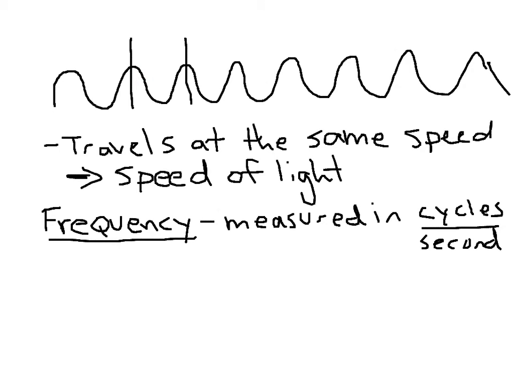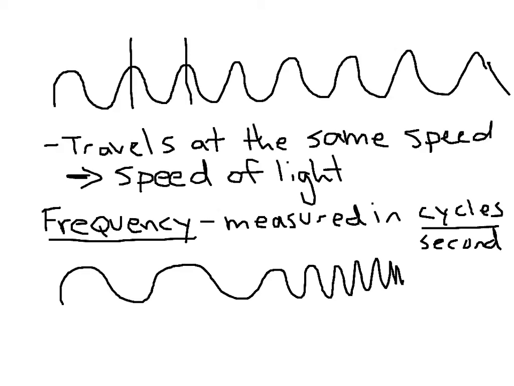But it turns out light waves aren't like that. There are light waves that have very long waves, and then there are light waves that have very short wavelengths. So that's a short wavelength, that's a long wavelength. And it turns out that the number of cycles per second, which we call a hertz, identifies the character of the different forms of light that we can observe.